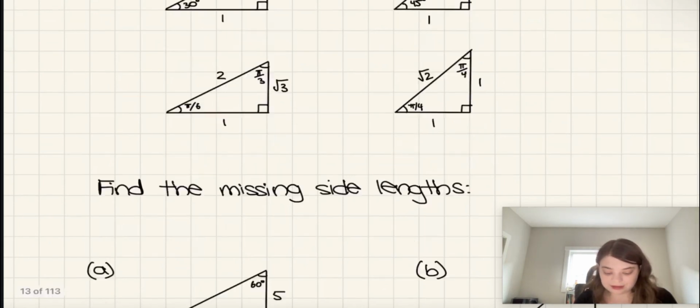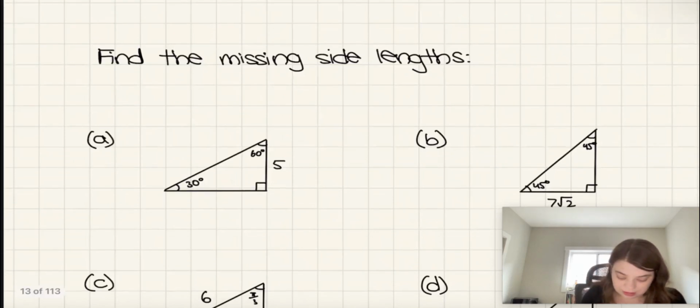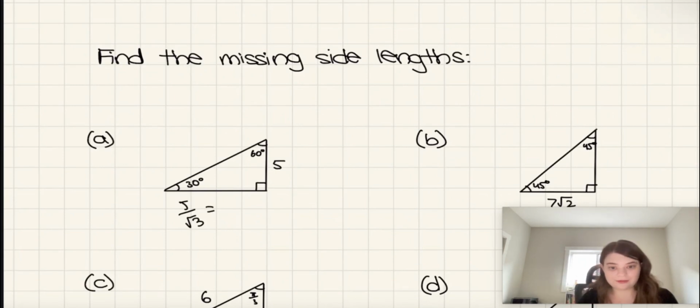So let's do that. If we divide 5 by the square root of 3 to get this other side length here, we know that if we multiply top and bottom by root 3 over root 3, we get 5 root 3 over 3. And so therefore this side length here is 5 root 3 over 3.